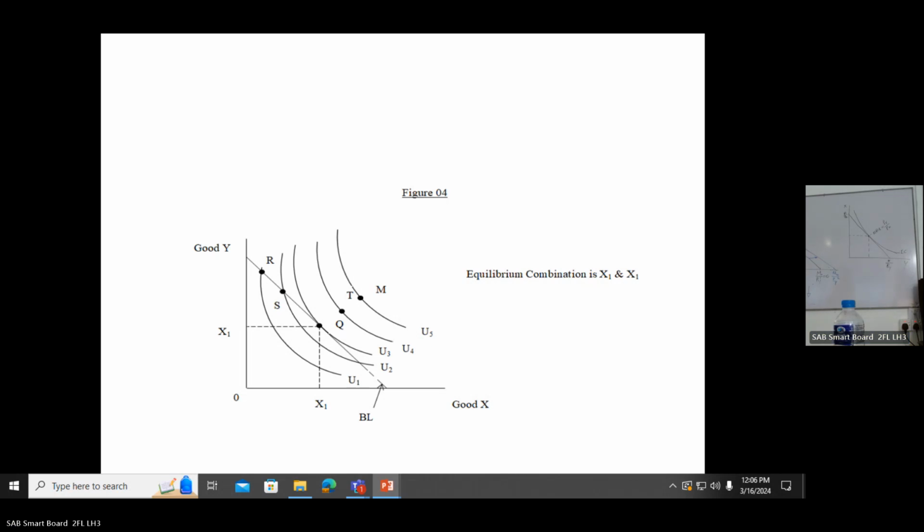The equilibrium is where the budget line and the indifference curve are tangent, which gives this x1, x2 combination, given the budget line and the fixed money income. So that is equilibrium.